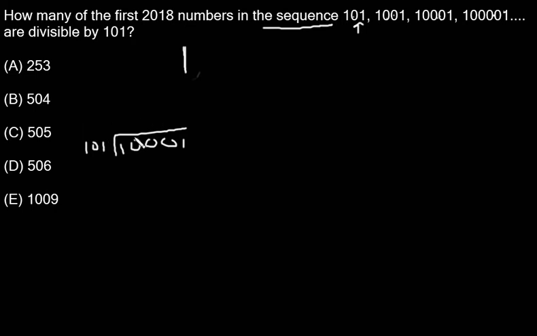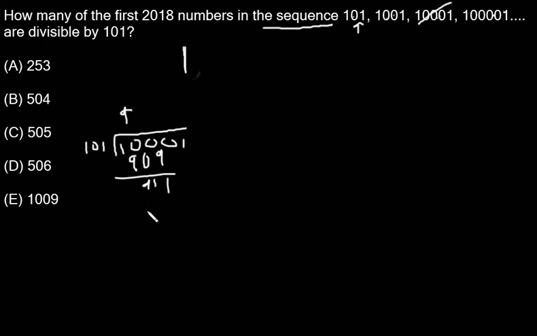Is this divisible by 101? 911 is not a multiple of 101, so we know that term 3 is not divisible by 101.